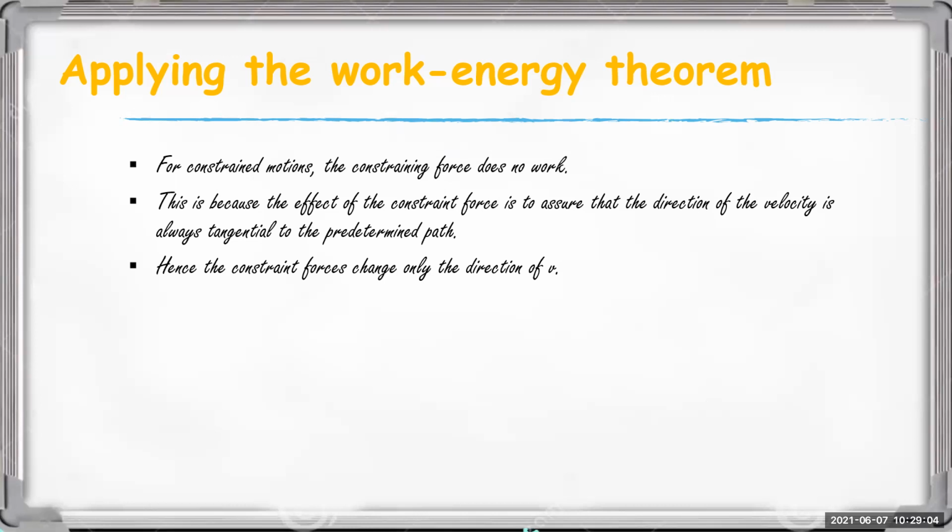We know that in the case of circular motion, the angular velocity may be constant, but the linear velocity is not constant, because the direction of the velocity is changing instantaneously.